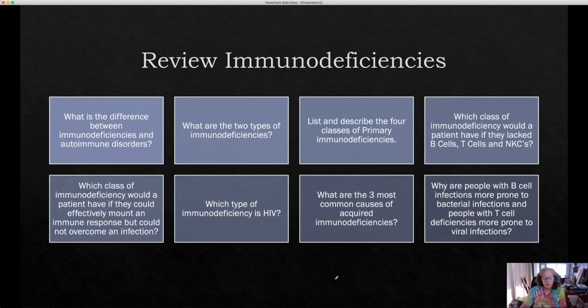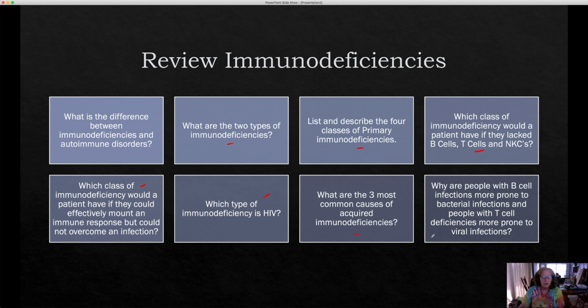So in reviewing immunodeficiencies, make sure you know the difference between an immunodeficiency and an autoimmune disease. Know the two types of immunodeficiencies, and be able to describe one or two examples of each that we talked about in the lecture. Describe the 4 classes of primary immunodeficiencies, and then answer these questions here. Be able to name the class of immunodeficiency a patient would have with specific signs or symptoms.